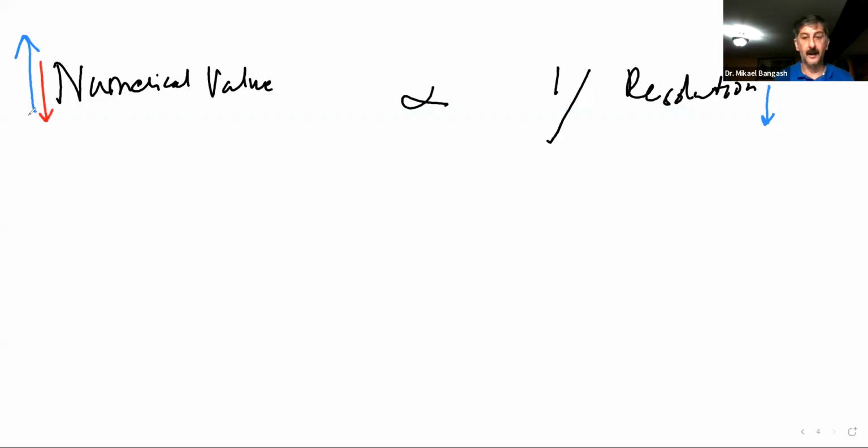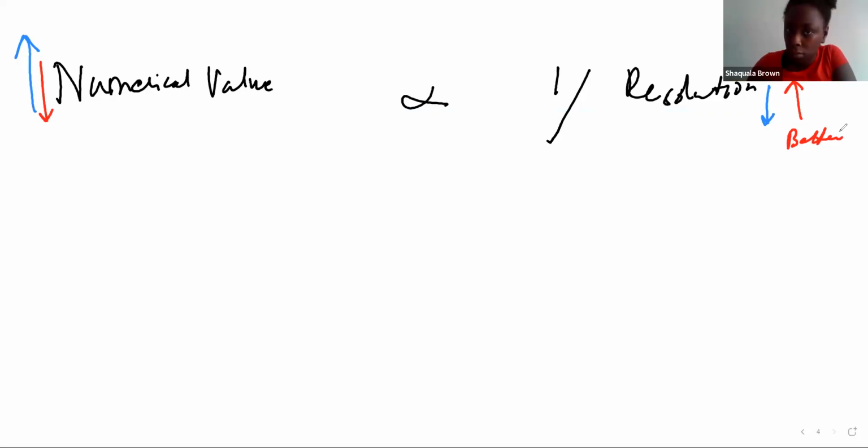The lesser the numerical value, the greater, or better, the resolution, right?